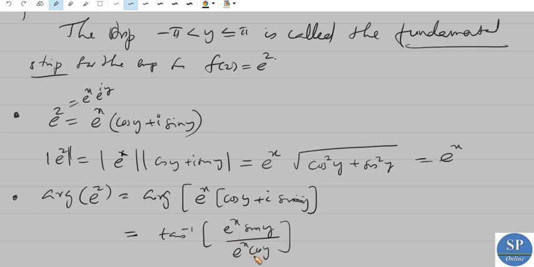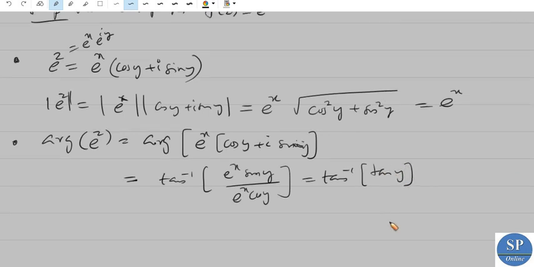This is the imaginary part and this is the real part. So this is equal to tan inverse of, e power x can be cancelled, and sin y by cos y is tan y. Tan inverse of tan y is nothing but y plus 2n pi. Okay, this is equal to y. So this is y plus 2n pi for n is equal to 0, plus or minus 1, plus or minus 2 etc. So this is the argument of this.